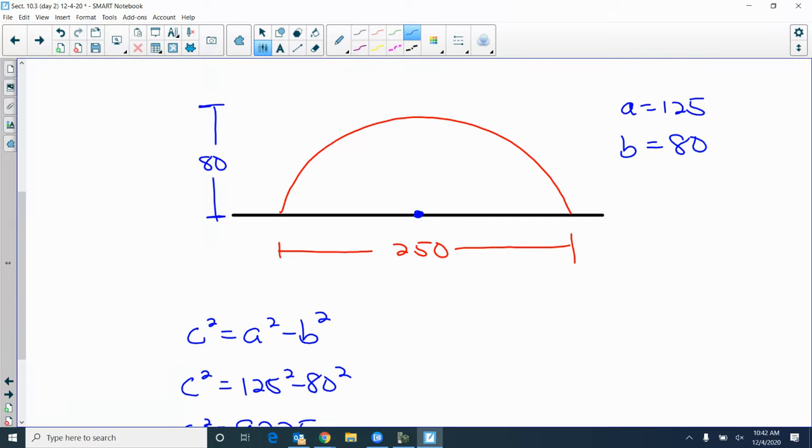You have to be careful how you word your answer. Where should two people stand? You should stand 96 feet from the center. You can say it that way. Or how far from the end point, the end of the wall? So they should stand 96 feet from the center.